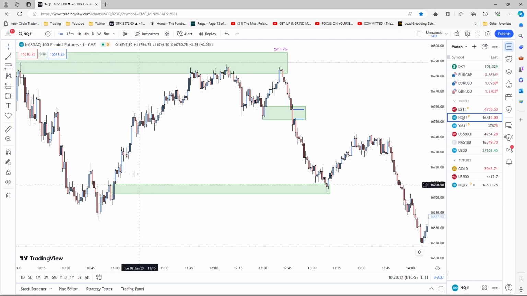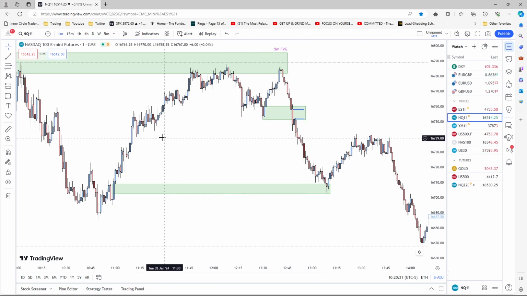So there's a whole bunch of confluences down there where you could look at taking your profits and partials. Definitely. Okay, we only entered the trade below those lows.